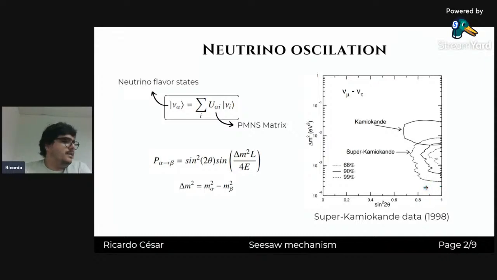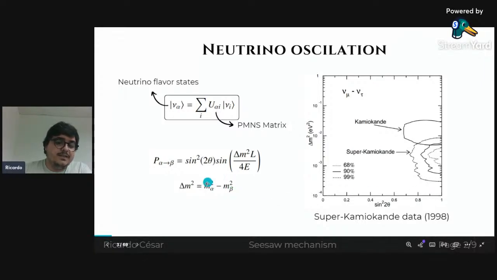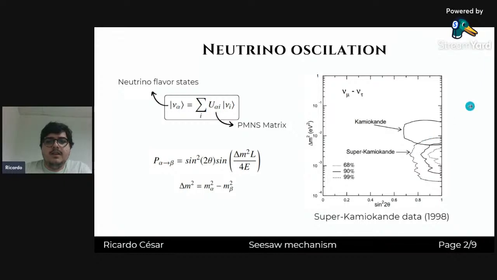This probability exists, and this means that there should be a mass difference between the neutrinos. If you have oscillations, as the data says you have, then you can prove this data using the neutrino oscillation hypothesis, and this means that the neutrinos should have mass.